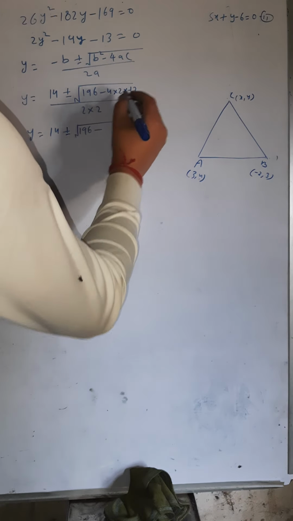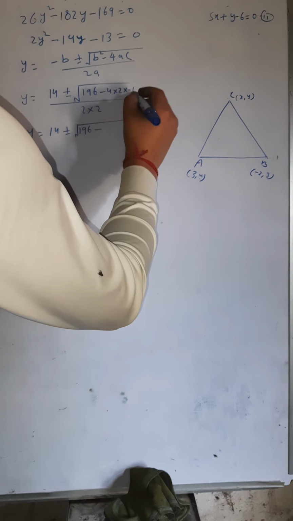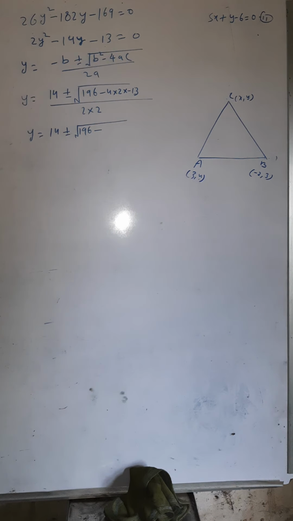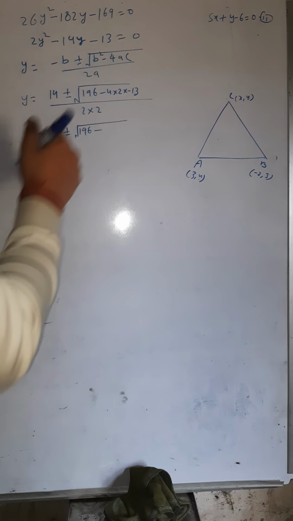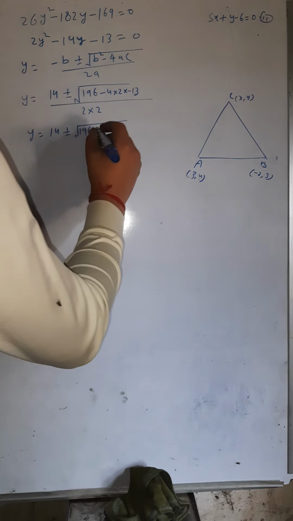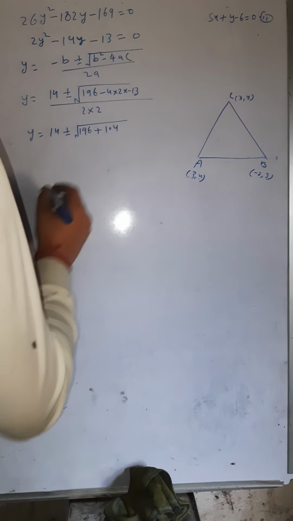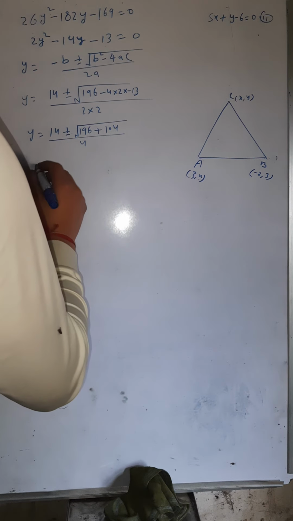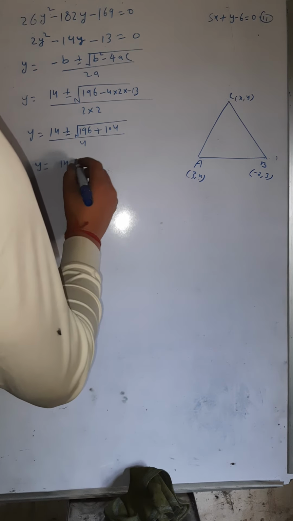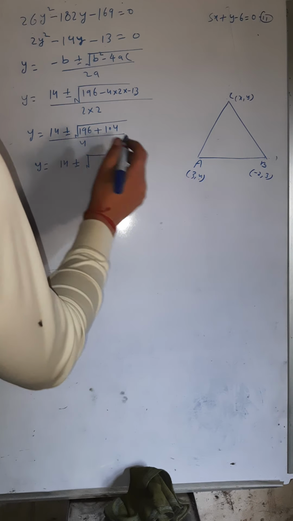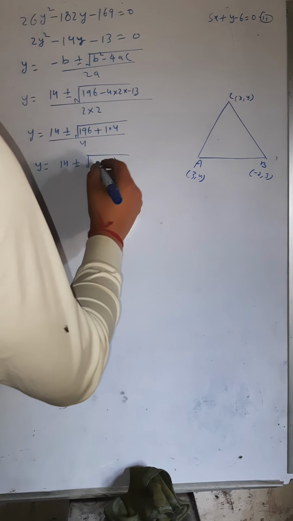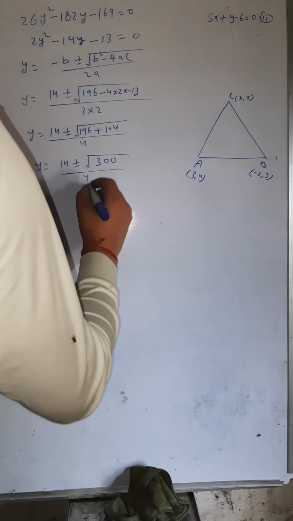Sorry, c is minus 13. So 4 times 2 is 8, and 8 times 13 is 104. So it becomes 196 plus 104, divided by 4. So it will be 14 plus minus under root 300, divided by 4.